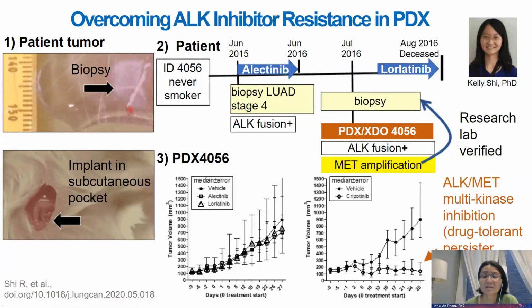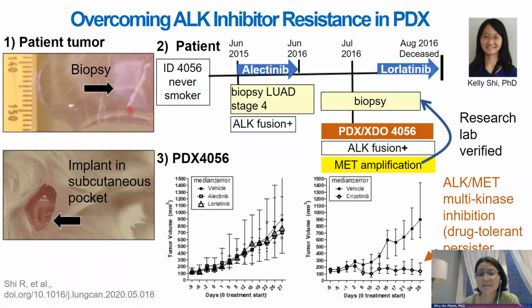So Kelly backtracked. She's our former PhD student. She backtracked and she retested the PDX using the exact 2 clinical therapies. And as you can see from the growth panel to the left, the 2 therapies are resistant in the PDX. So that tells us that the PDX is a reliable model to mimic patient resistance.